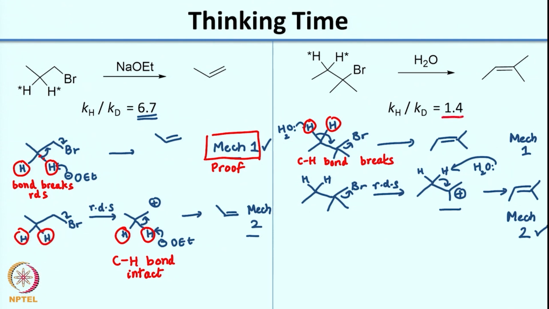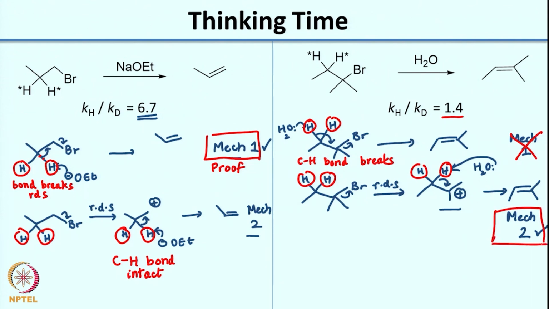But the Kh over Kd value is 1.4. So that indicates that this mechanism may not be operative. But then in mechanism 2, your CH bond does not break in the rate determining step. So it is probably going through this mechanism.